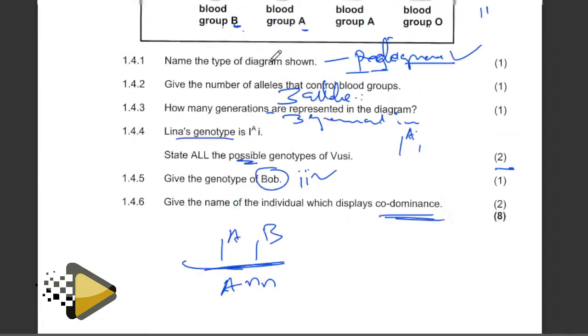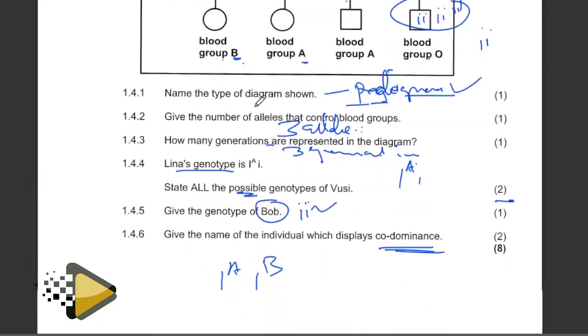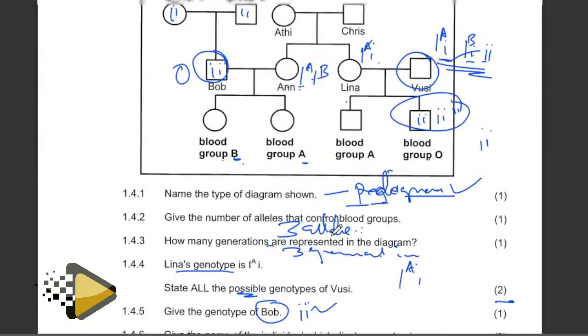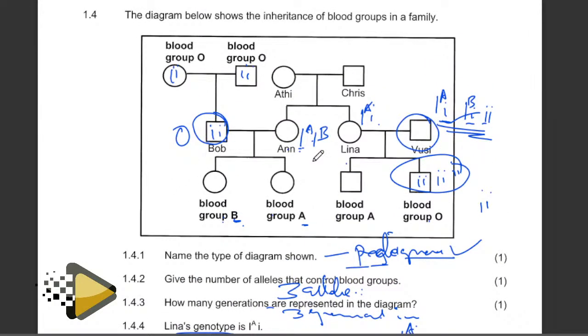Is it Anne? Yes. So here they're showing you 2 marks, then you have to look for another one. Do we have another one? We can get another one in case Lena and Anne are kids of these 2.